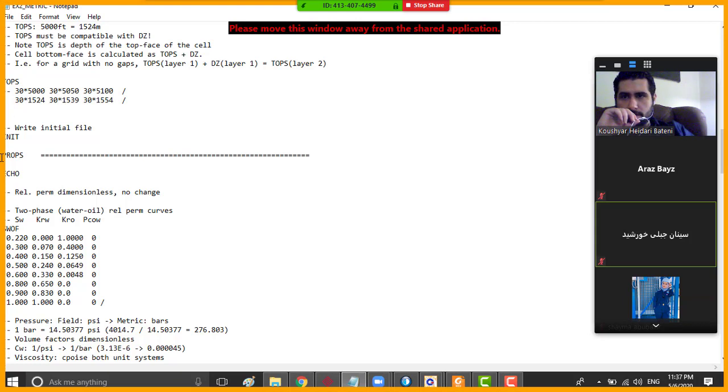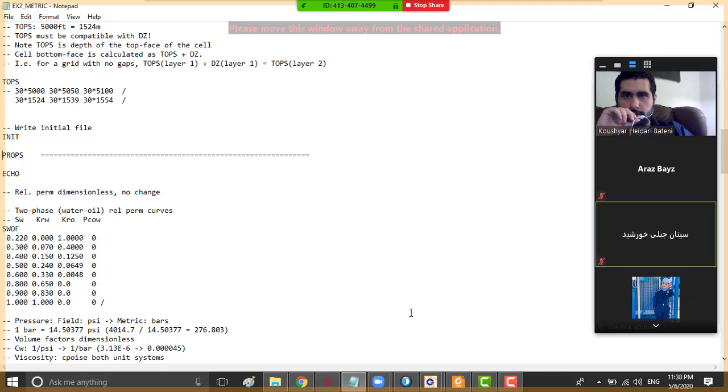Anytime we have a question about a keyword in Eclipse, what do we do? We get referred to the Eclipse reference manual. How do we do that? Now, this is getting recorded, but you might not see it in the Zoom screen share.